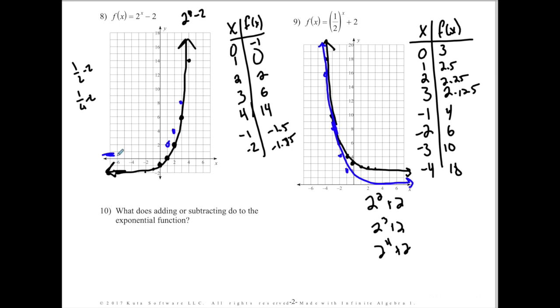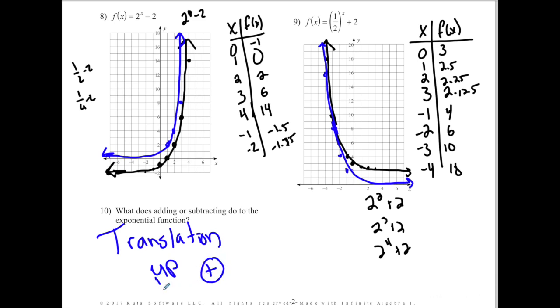And this blue function represents the corresponding parent of that one. So what's happening? What's the difference? What's happening is it's causing a translation up if the number is positive, or down if that number is negative.